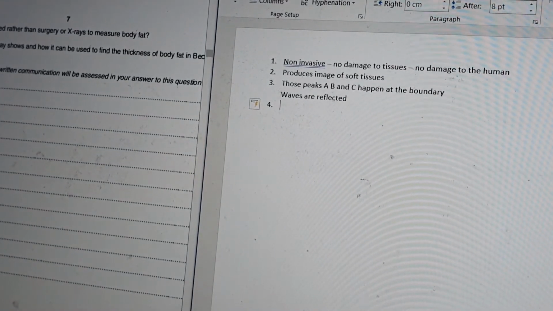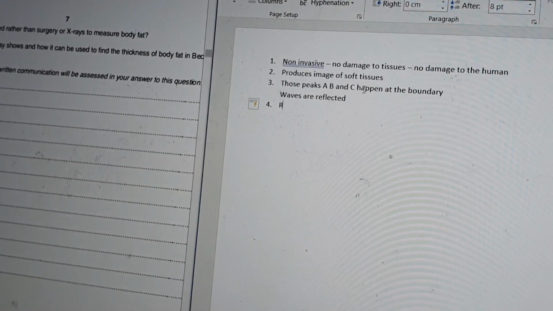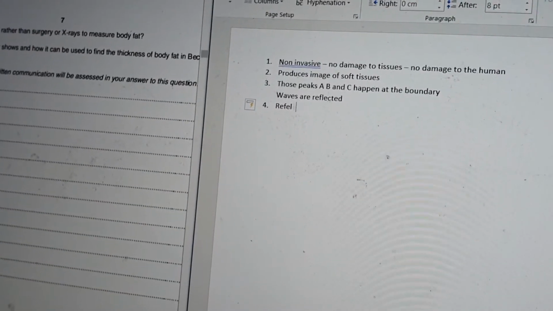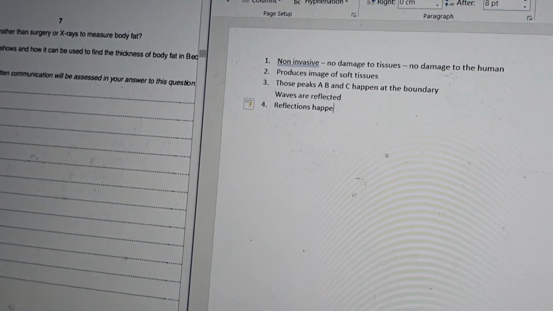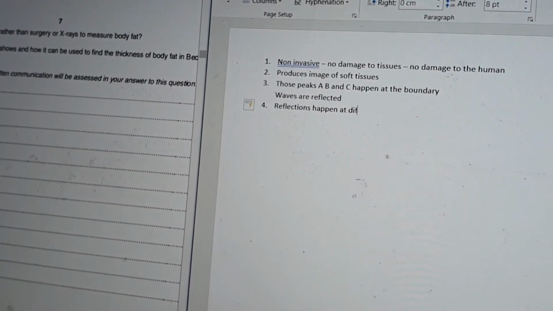And then we can say that the reflections happen at different depths.